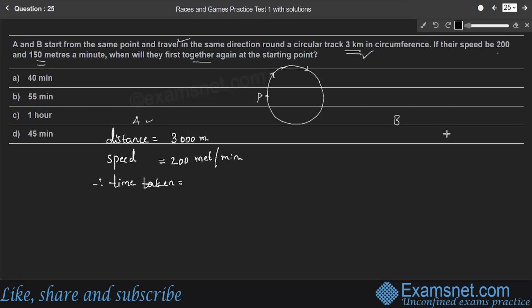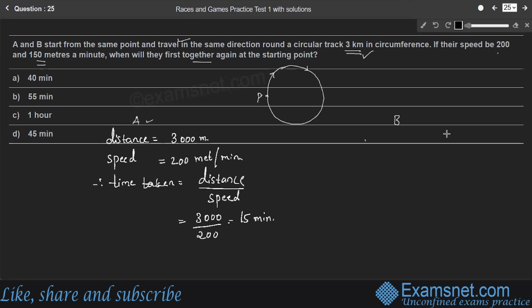Since speed is distance by time, time is distance by speed. Here distance is 3000 meter, speed is 200 meter per minute. So time taken by A will be 15 minutes. In 15 minutes, A can cover the whole circular path, so A can take one complete round.